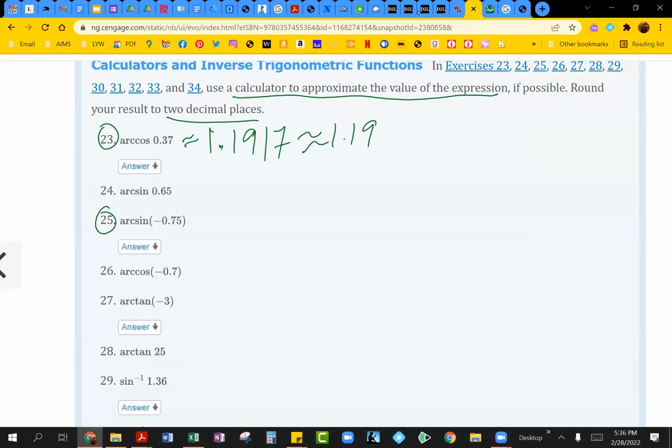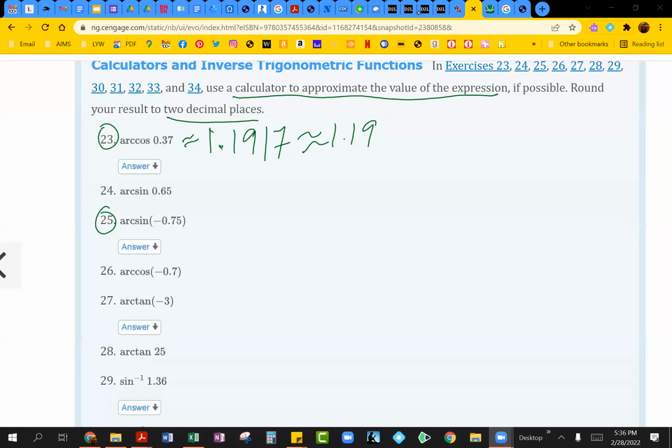Let's see for number 25, arc sine of negative 0.75. Yeah, and it still has to stay in the radian mode in this case.